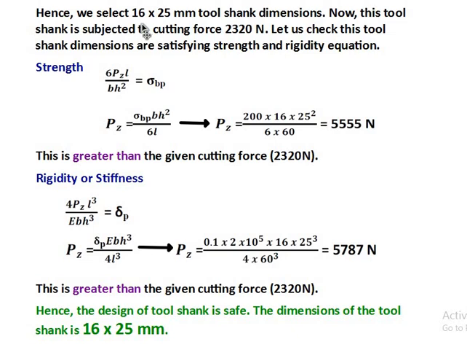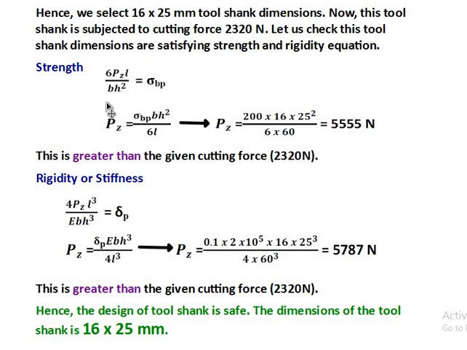So we select these 16 by 25 mm tool shank dimensions. Again, it is subjected to 2320 Newton. We are going to check whether these tool shank dimensions satisfy the strength and rigidity criteria.